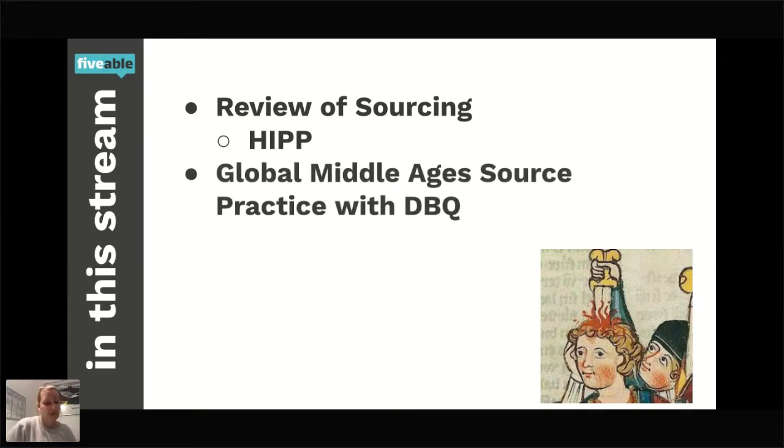And then we're going to get a lot of practice using an actual document-based question. And so if you don't know what a DBQ is yet, maybe you've heard the words DBQ, but you don't really know what it is. There are several different types of essays and short response questions, and one of the long response questions is called a document-based question.